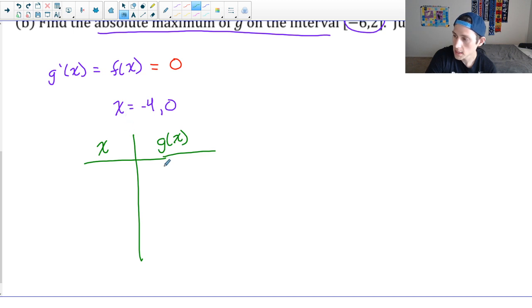I want to test to see which one of these will give me the largest value so that I can find that absolute max. Remember, I'm testing it in g. G prime is what I use to help find where it could be, but to figure out the actual max, I need to use g, the original function.